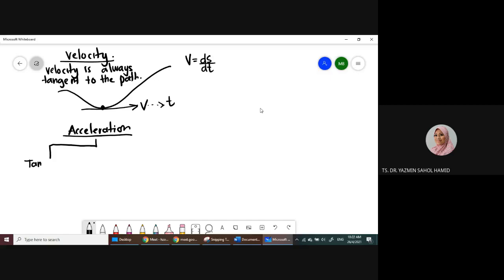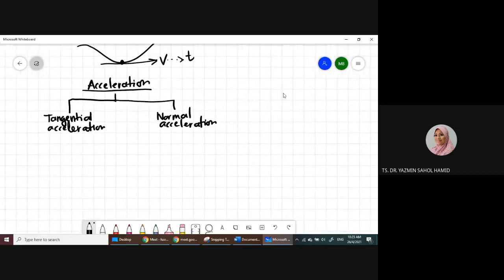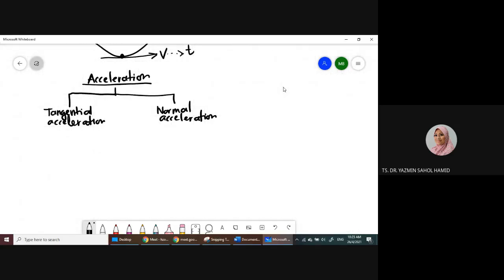One is the tangential acceleration, and the other one is the normal acceleration. For the tangential acceleration, hold on, let me write down.